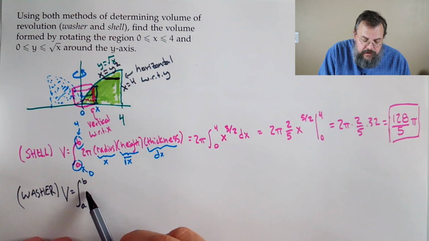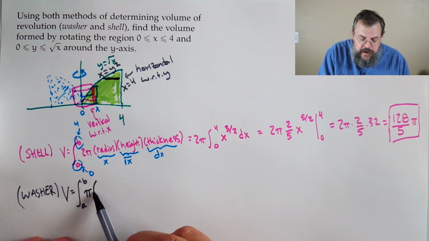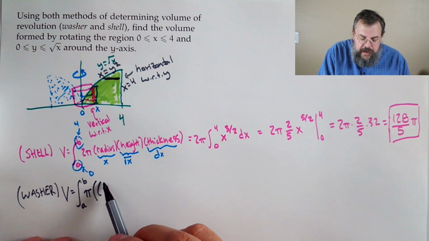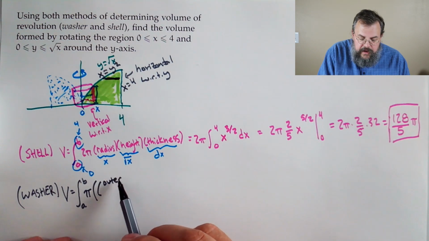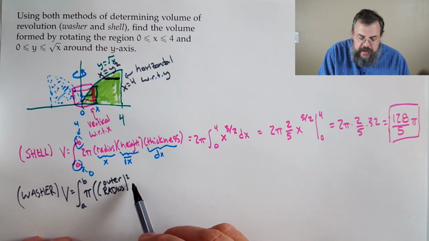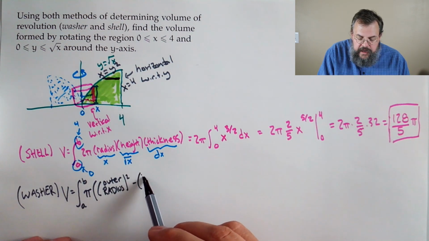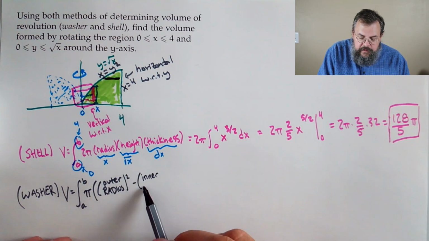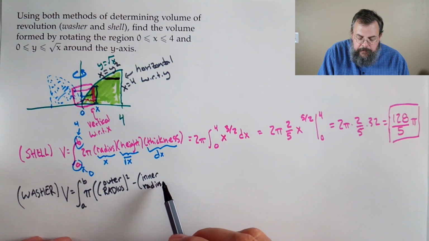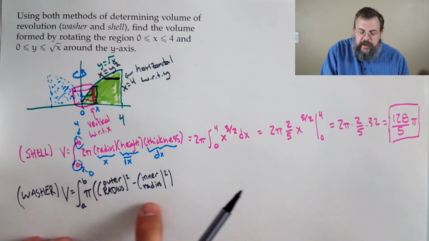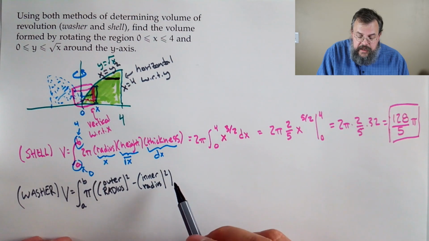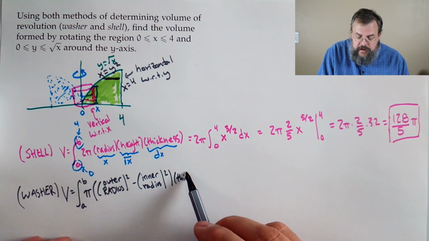So the way you write that is you say, well, it's really the big circle, so pi big radius squared, or outer radius if you like, and minus pi inner radius squared, or small radius if you like. Okay, so this is the area of the cross section, and then you have your thickness.